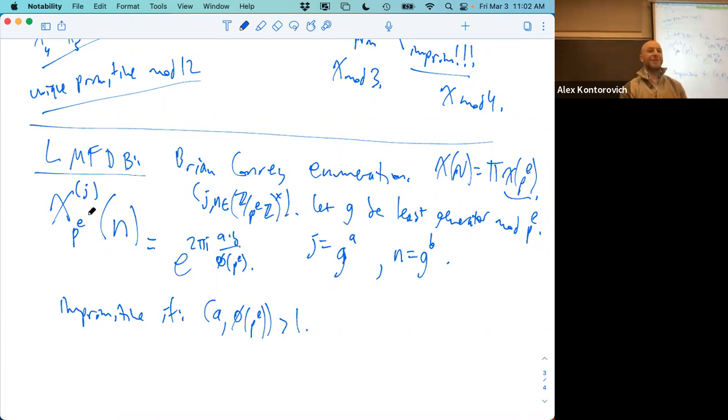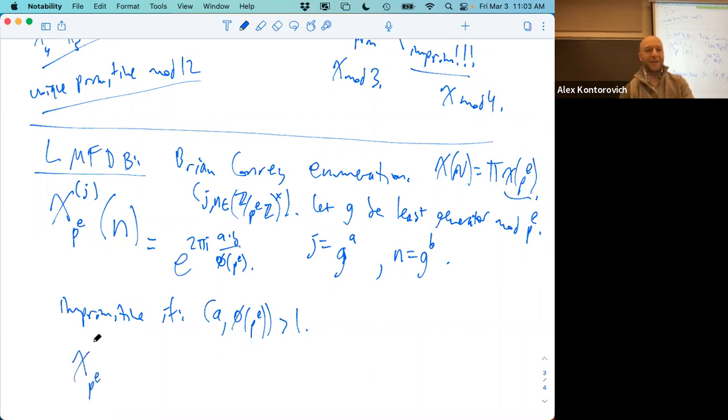Okay, so this is a complete list of the characters mod p to the e as j ranges. And it gives you phi of p to the e roots of unity. And you can see that it's multiplicative because if I have n times m, let's just check.